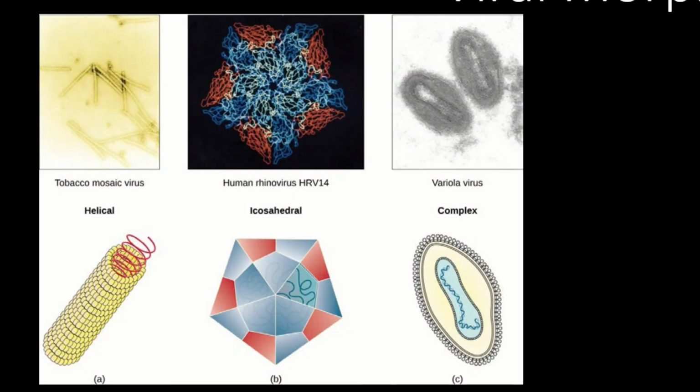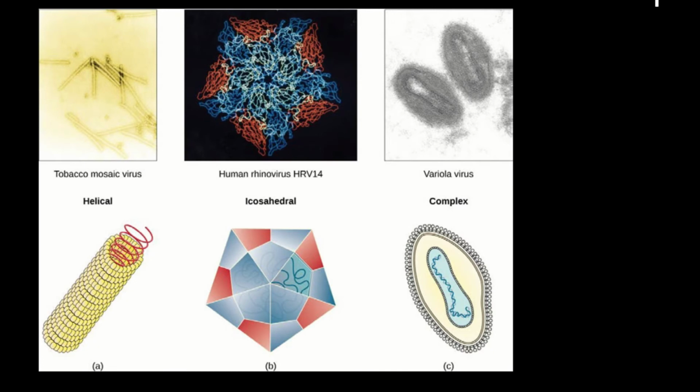Viruses are quite diverse in shape and size, but can mainly be classified into one of four shapes. Helical viruses, such as the tobacco mosaic virus, are long and cylindrical and mainly infect plants. Icosahedral viruses have a spherical-like shape and are found in polioviruses and herpes viruses.